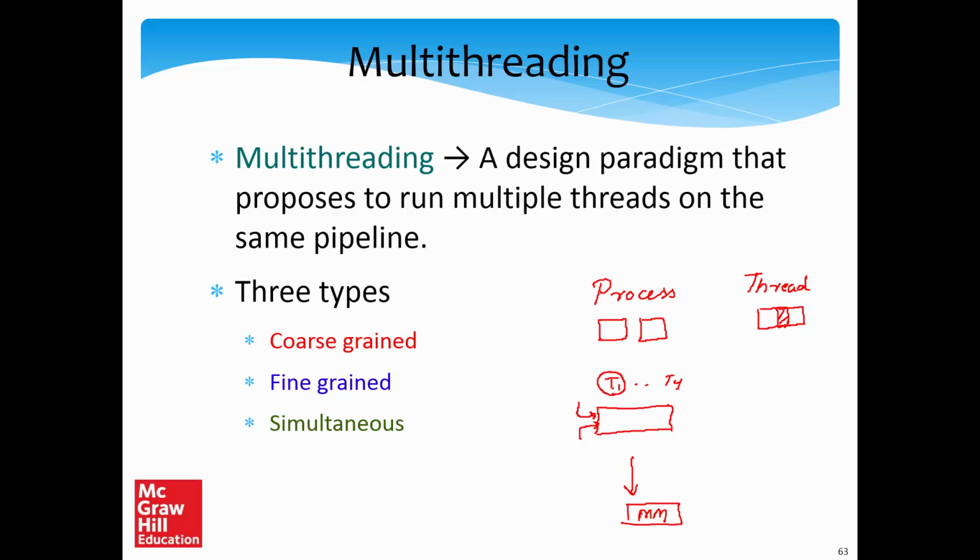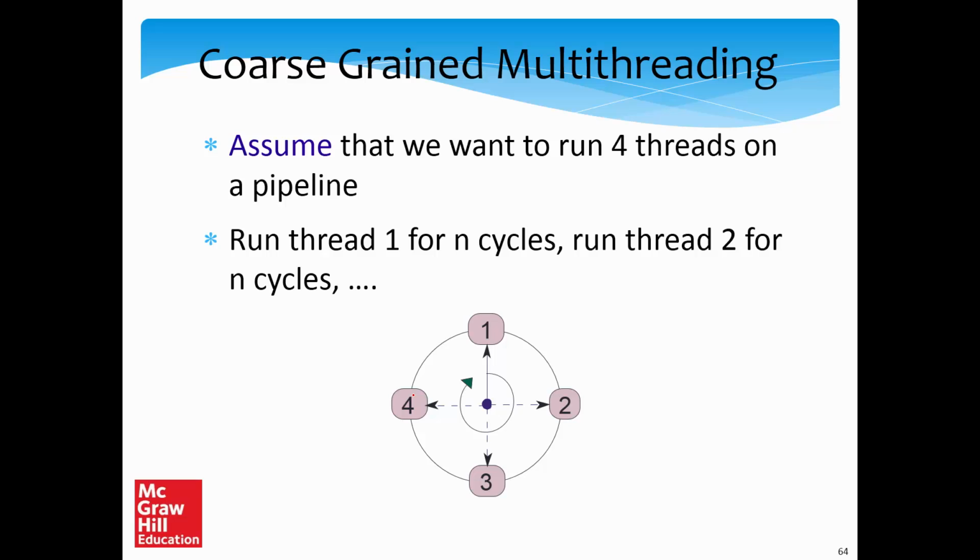During this time, instead of idling, we can get instructions from other threads and execute them. So this will improve our net throughput. With this insight in mind, let's look at three kinds of multithreading: coarse-grained, fine-grained, and simultaneous.